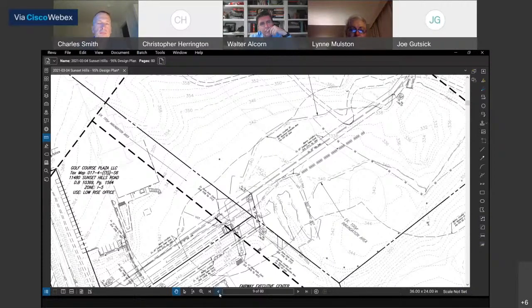It shouldn't make it worse, because we're analyzing what the existing flows are in the stream coming through our project. So knowing what those are, that's our limit. We're not allowed to exceed what those rates are. So we're not going to be adding more flow to the stream to wash out the bridges more frequently.